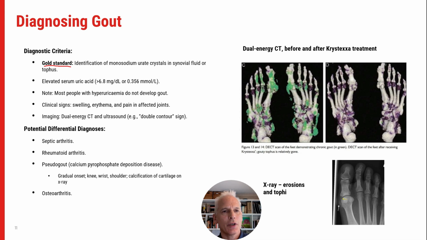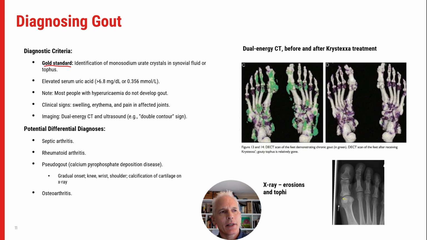Now there are some issues with that, because when you have a sore inflamed joint, most people do not like you sticking a needle into the joint to aspirate the synovial fluid. Obviously you can give a local anaesthetic, but it is uncomfortable and sometimes difficult to get a clear extraction of synovial fluid from the joint, but it remains the gold standard.